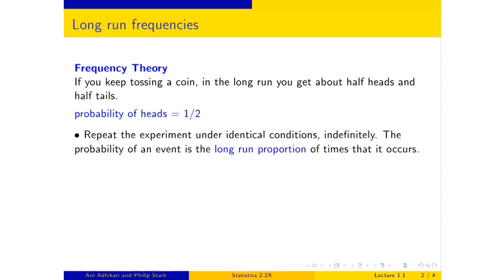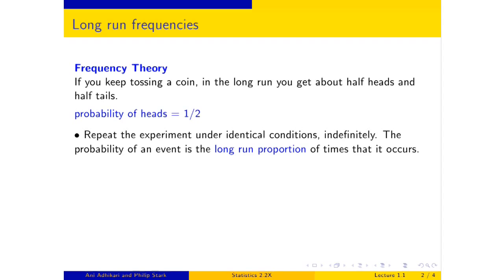In general, you have some experiment and you are trying to find the probability of an event that is a result of the experiment. You repeat your experiment over and over again under identical conditions forever. The probability of your event is the long-run proportion of times that it happens.